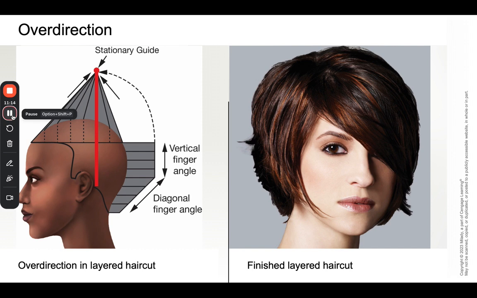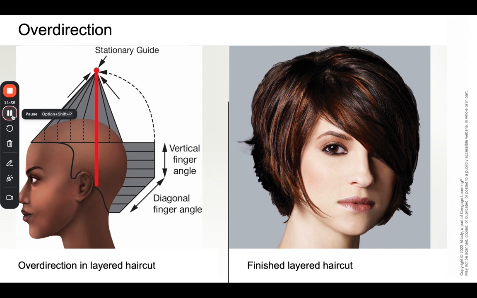So let's talk about overdirection. Overdirection occurs when you comb the hair away from its natural falling position rather than straight out from the head to increase the design's length. Overdirection is used mostly in graduated and layered haircuts. For example, you are working on a layered haircut and want the hair to be longer toward the front.